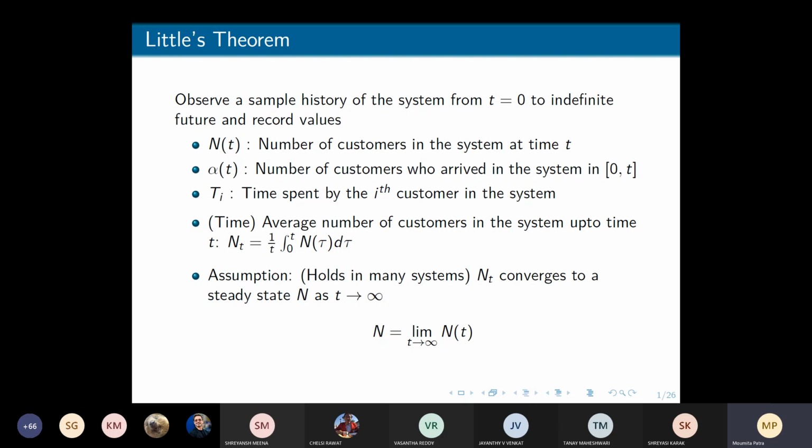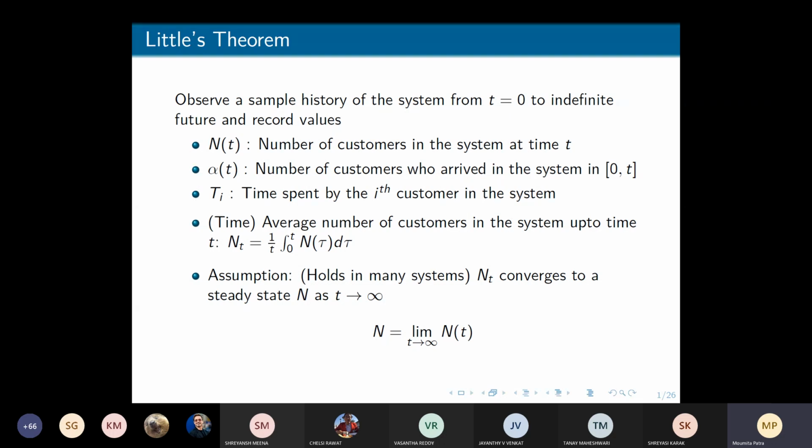Just consider that some arrivals are happening, and then those are going out of the system, departing from the system. You don't know what's happening inside. Okay, so you are simply one observer who is observing who is entering and who is departing from the system. Basically how many arrivals are happening and how many departures are happening at what time. So you will be recording those values.